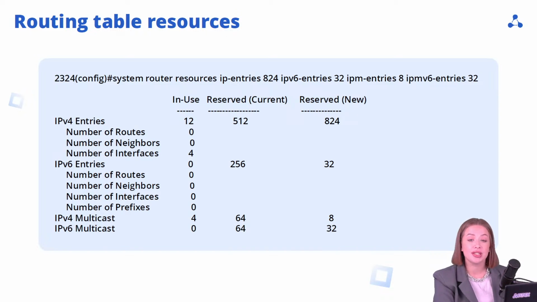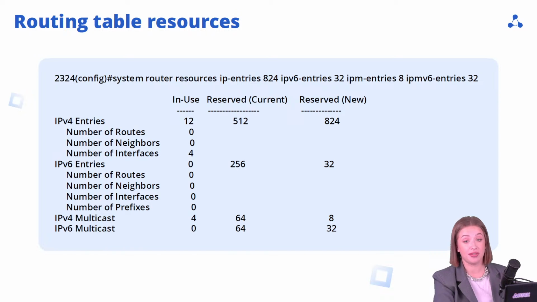It is important to note that both IPv4 and IPv6 unicast and multicast routes share common hardware resources, which could potentially lead to the need for resource reallocation.